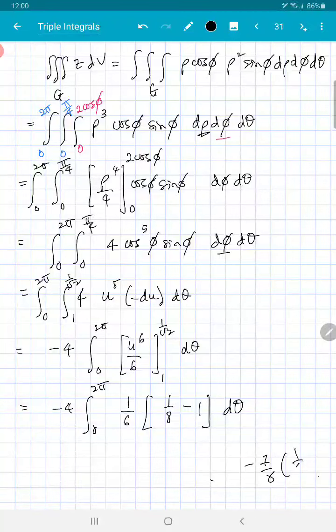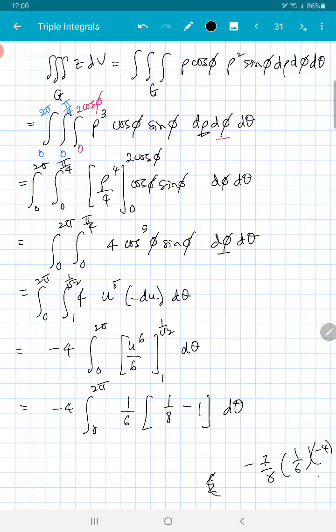And here we have 1 over 6, and then we have negative 4 at the front. So 1 over 6 times 7 over 8 times 4.